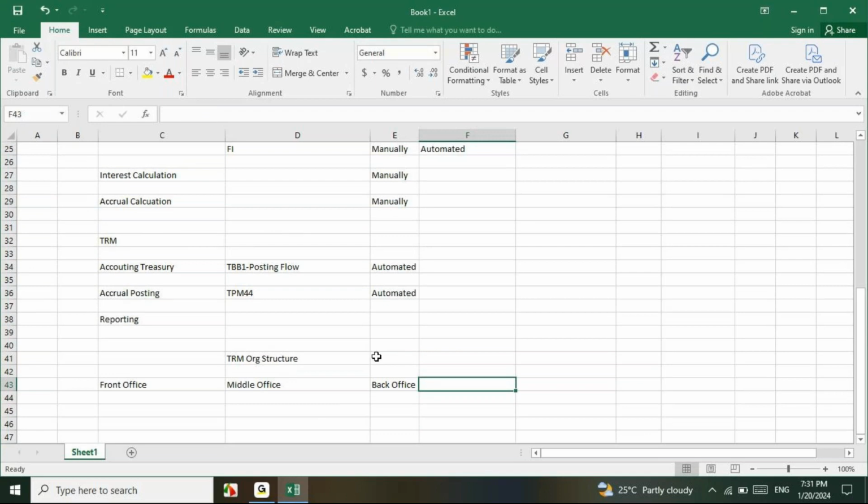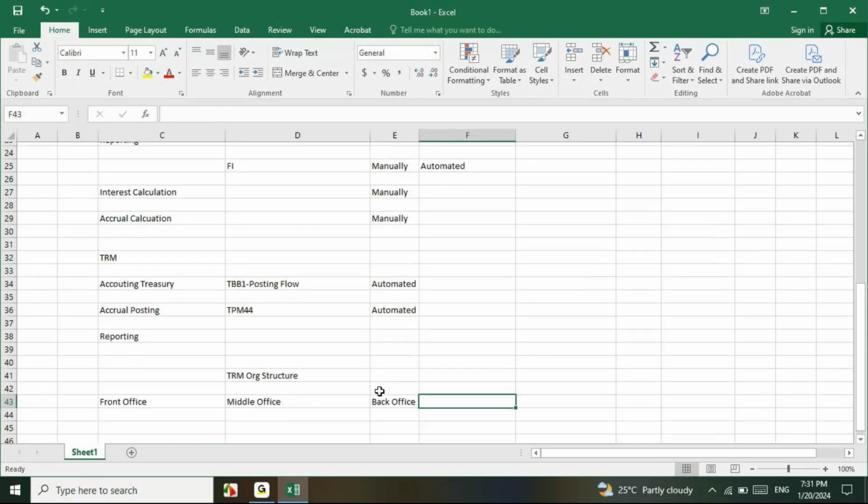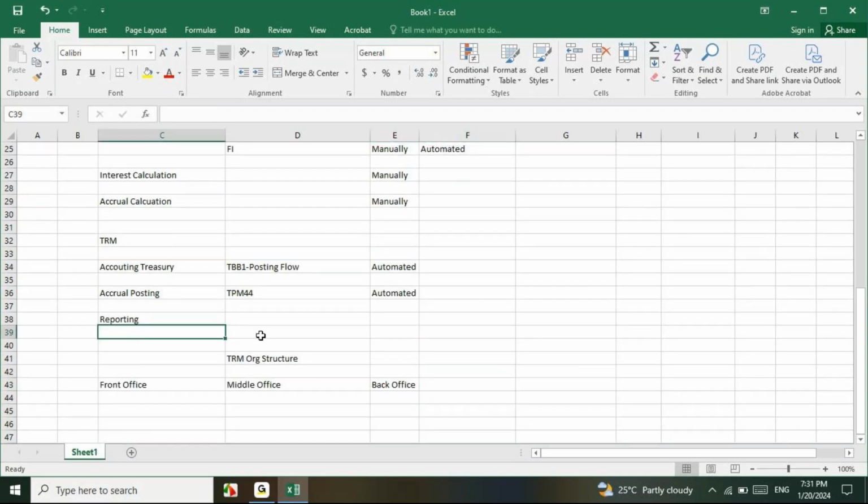Okay, before I go to the org structure, another advantage is that whatever postings you do, that is also controlled. This data also flows to your cash management, that is your cash flow analyzer. So example, if you create a deal today, and that investment you have created, it will appear in your cash flow analyzer report.